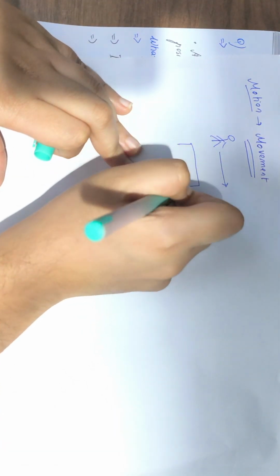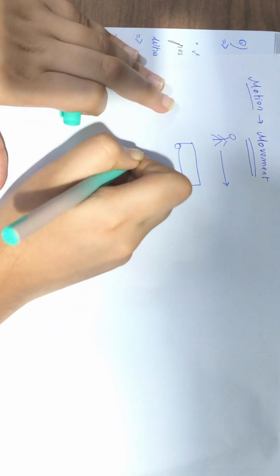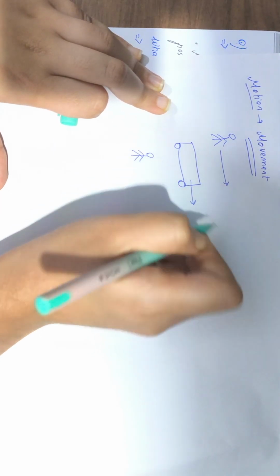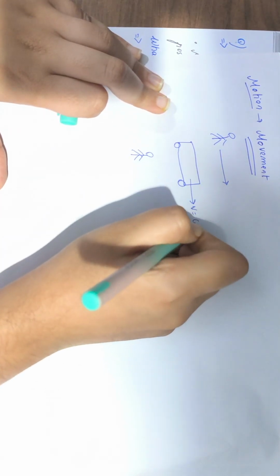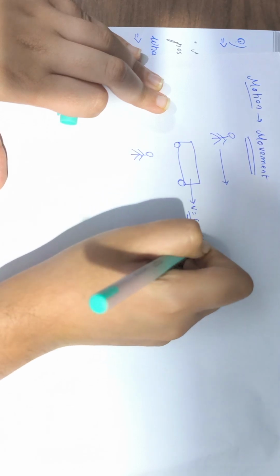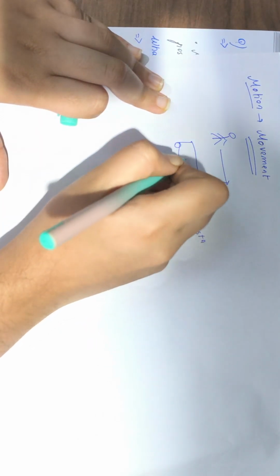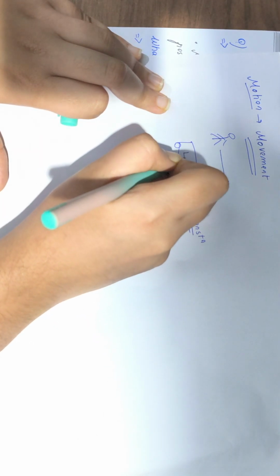he's under motion. Okay, now if this is a train, to this person who is watching from outside, let us say it's moving with some constant speed. There is another person sitting over here.